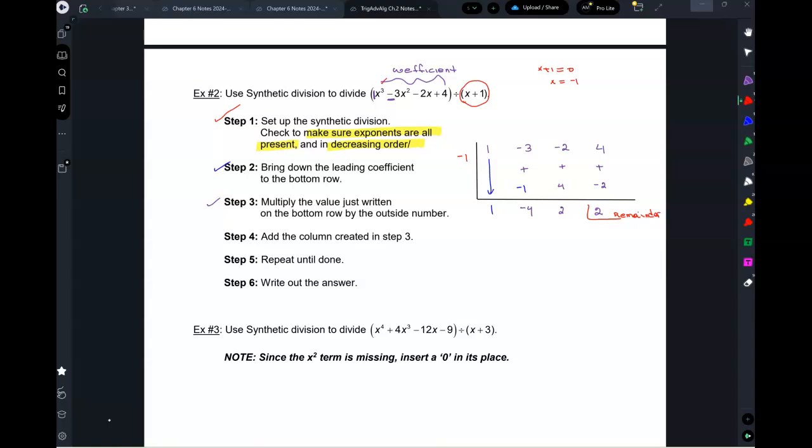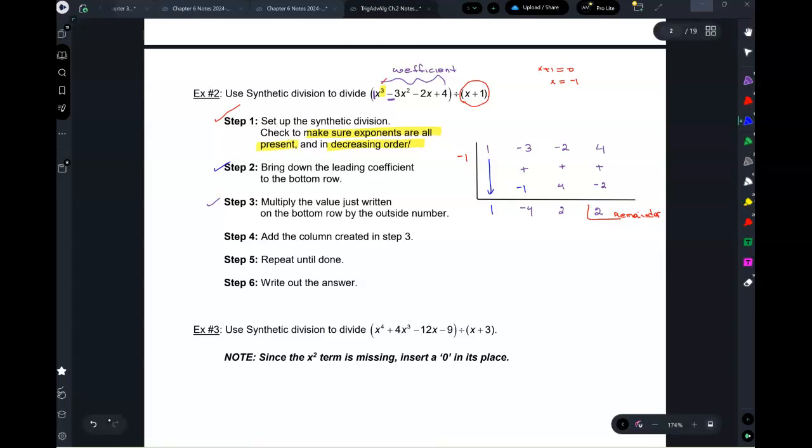Now, we're going to write the quotient, the answer. Here's a question for you. Look at the initial polynomial, x cubed minus 3x squared and so on. What was the highest exponent there? 3. When we divided, that process reduced the exponent by 1. So instead of x cubed, now it became x squared.